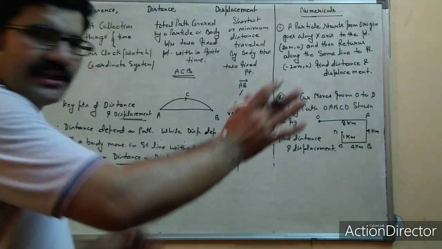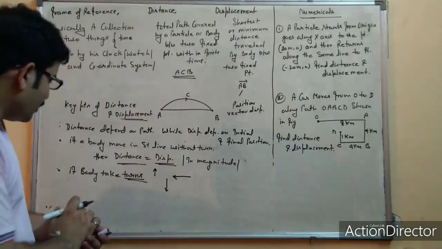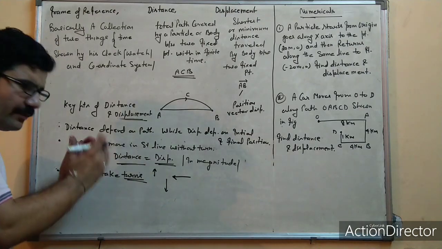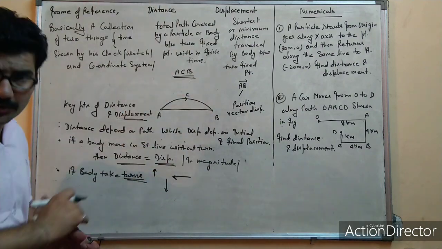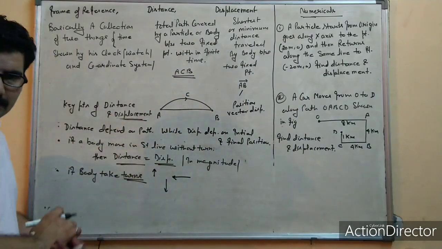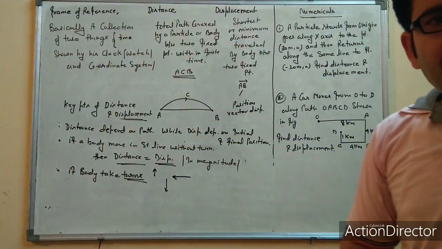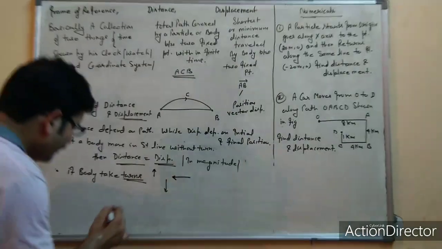So in case of a straight line path, distance and displacement have the same magnitude, their answer should be the same. But whenever a body takes any turn out of these three turns during straight line motion, then definitely displacement automatically changes and distance never equals displacement. Then what is the important condition that we find?